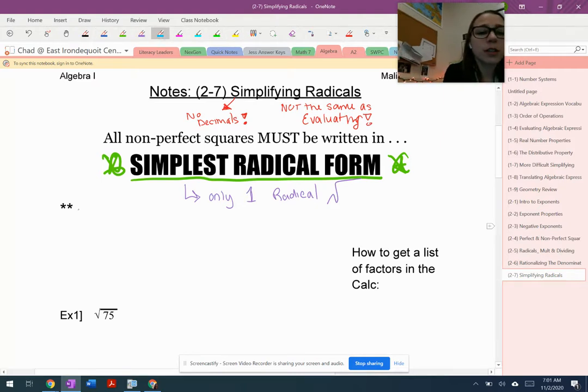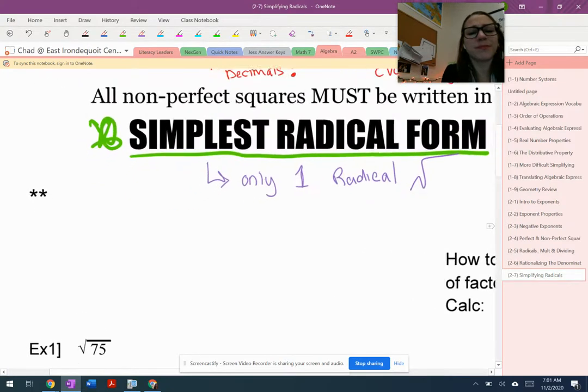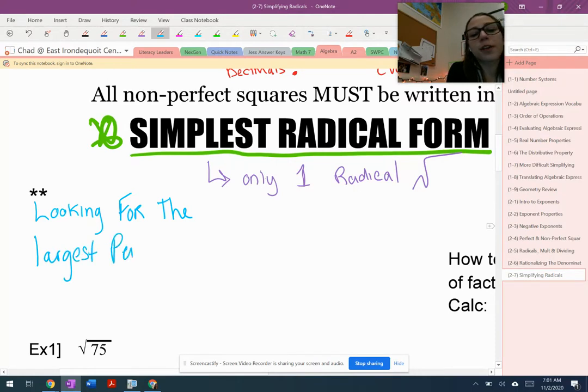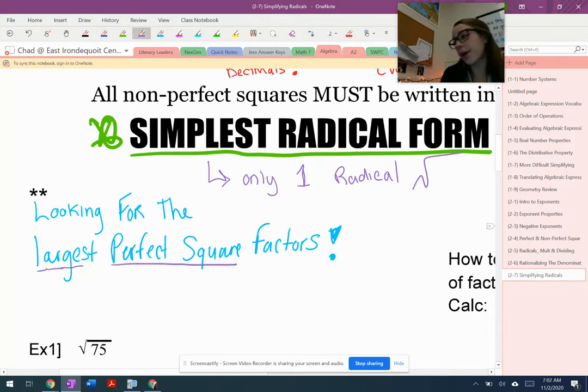So when we're doing this, we want to be looking for the largest perfect square factors. Keywords there being the largest and perfect square. We'll talk about everything else in a second.